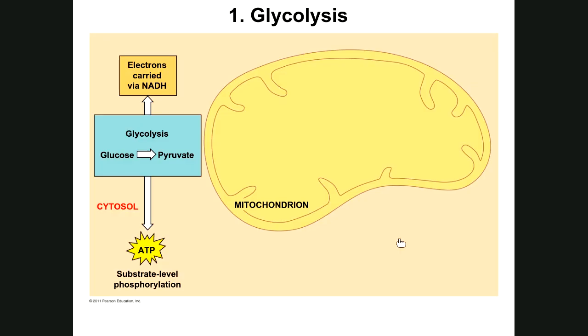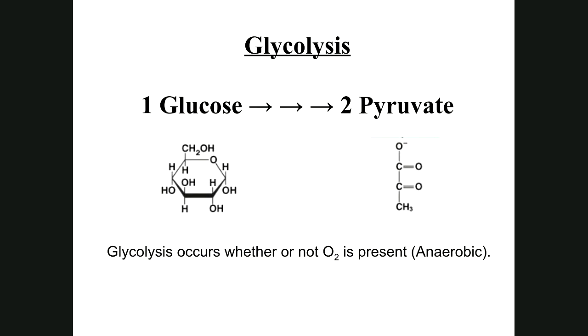Okay. So we're going to get into glycolysis right now. We're going to talk about stage 1. This happens out in the cytosol. Glycolysis begins with the substrate glucose.